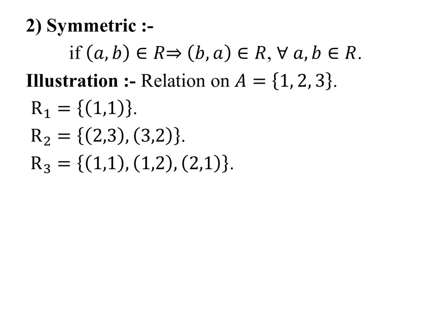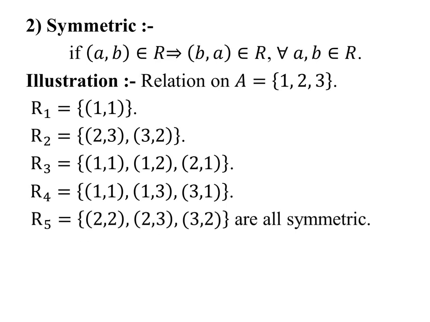So then R3 is a symmetric relation. Next R4. R4 is equal to {(1, 1), (1, 3), (3, 1)}. Similarly (1, 1) is in R4. For (1, 3), if we interchange the x and y values we get (3, 1). So (3, 1) is in R4, and (3, 1) interchanged gives (1, 3). So then R4 is a symmetric relation.